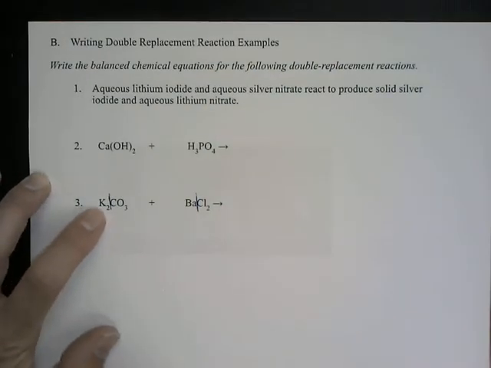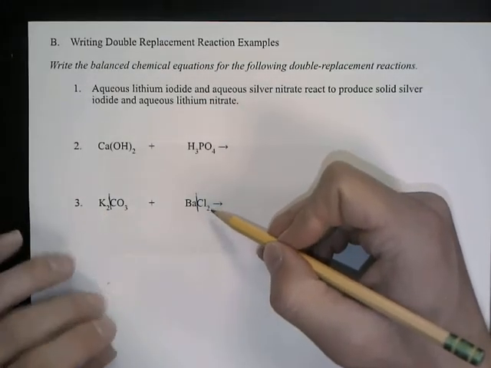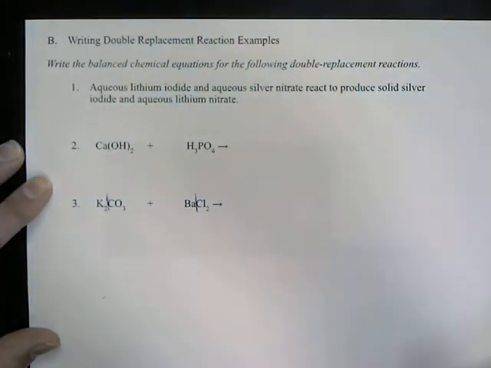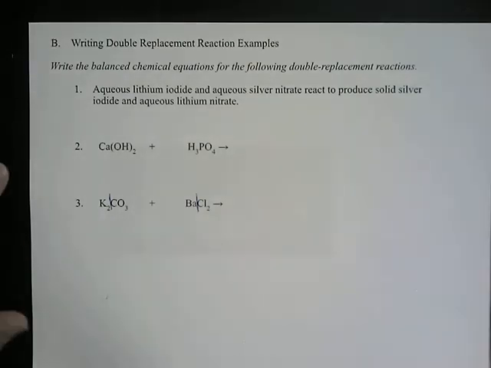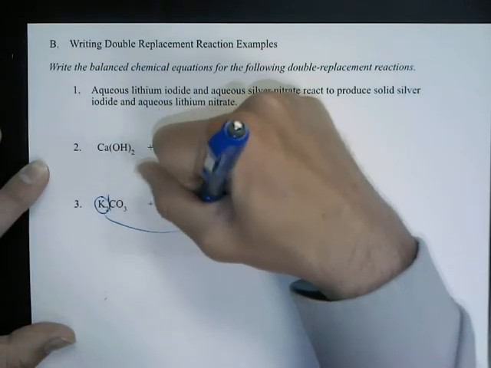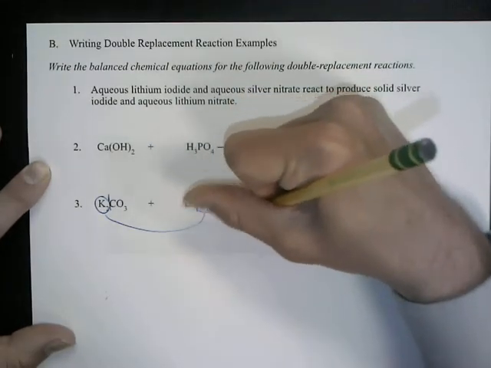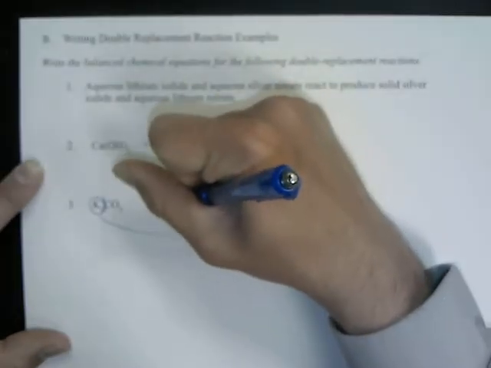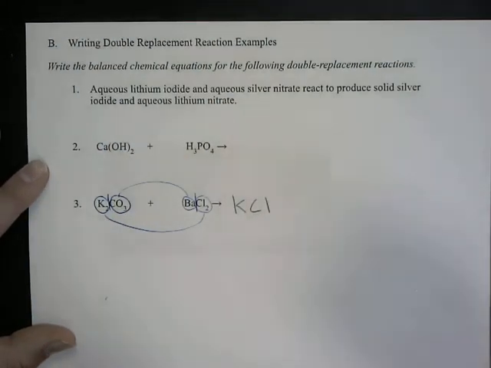So right here, we're going to have potassium react with chlorine. Well, potassium is K+, and Cl is 1-. So what we're going to have happen here is this. Potassium and chlorine are going to combine together to form potassium chloride, and barium and carbonate are going to form barium carbonate.